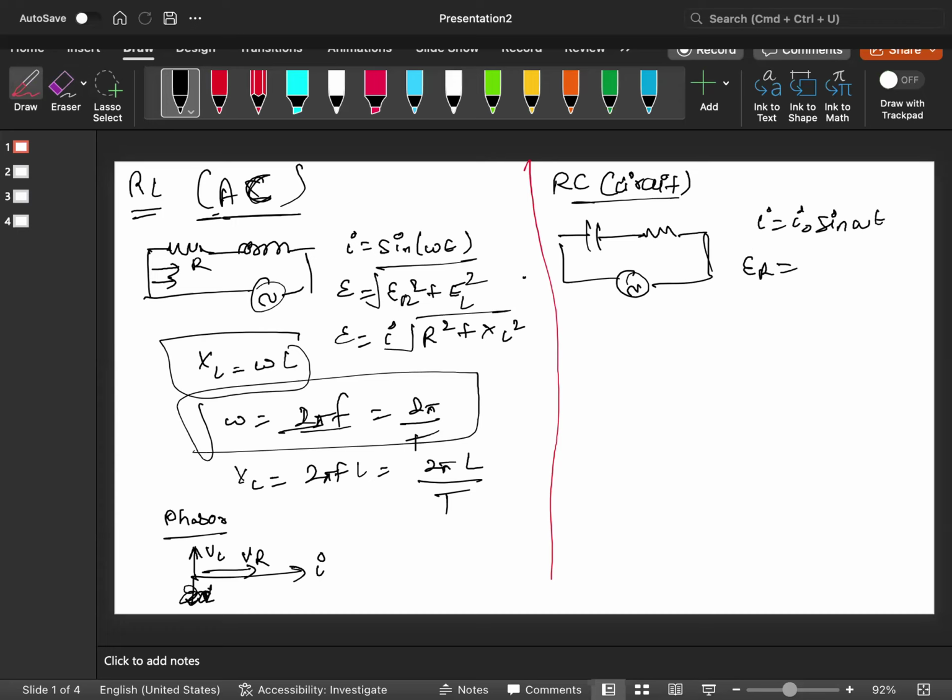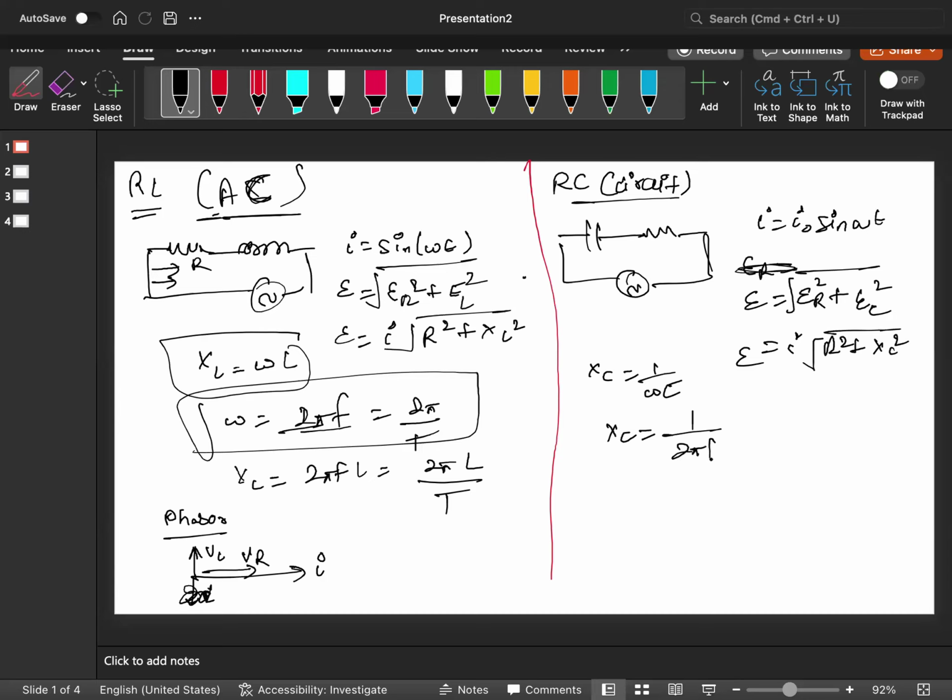So ER will be as it is in phase. So E net comes out as the square root of ER square plus EC square, so I times the square root of R square plus XC square. If I ask you what is XC, that is nothing but 1 by omega C. Omega you already know from here, so you can see this as 1 upon 2 pi F C, which is equal to T by 2 pi C. Clear, Ketna?